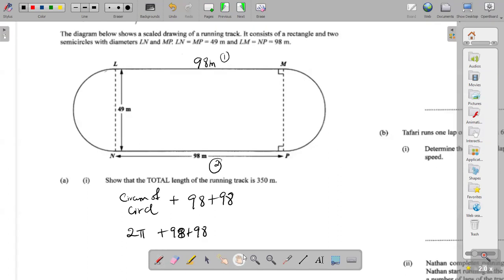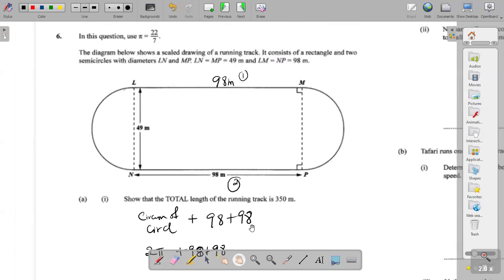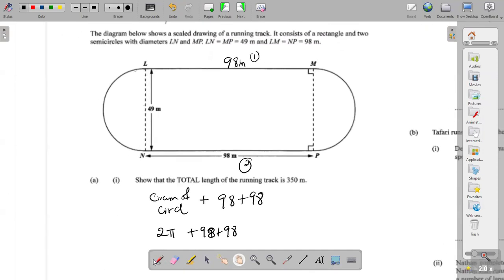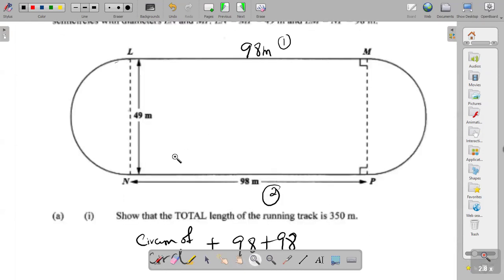What would be r? What will be r, everybody? What's the value of r? I can't believe I just did that. Look at the diagram and tell me what is r. R is the radius.